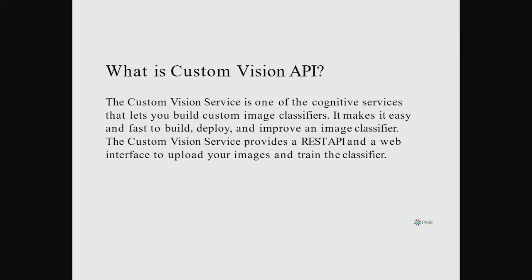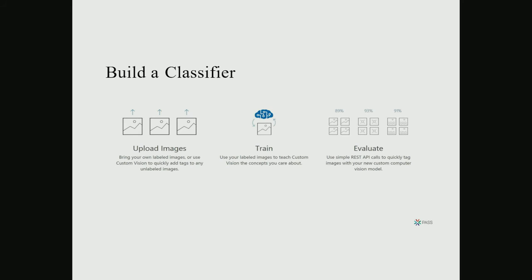But what you're able to do is upload your own images, train the model, and then perform evaluations where if you aren't getting enough true positives, then you can go ahead and make changes to either your training set or your tolerance levels to change the outcome of your predictor.